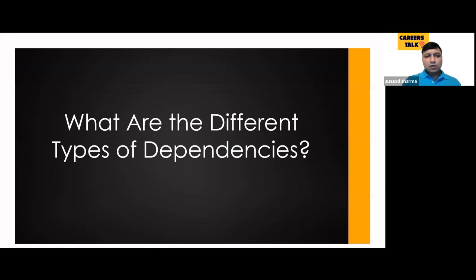Then we have something called activity dependencies. Activity dependencies are when progress cannot be made on a piece of work until an external activity is completed. So for example, you may be waiting for your development environment to be ready before development can begin. So these are activity-based dependencies. Now we have something called business process dependencies. These are the dependencies which are very specific to your business process.